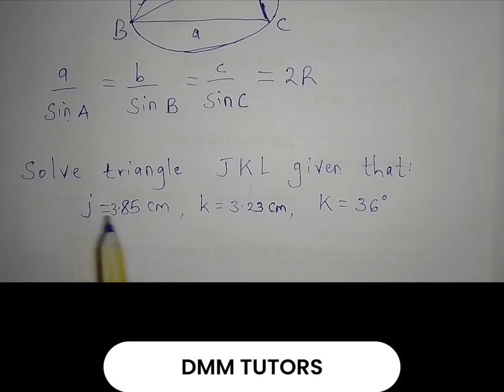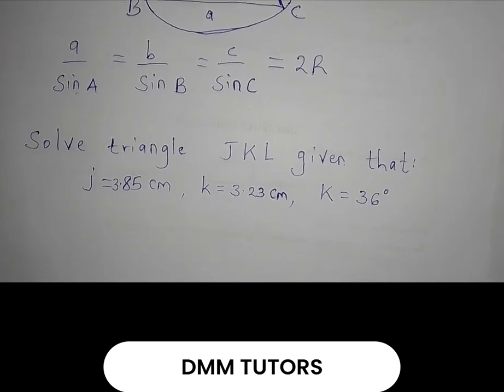Solve triangle JKL given that J is 3.85 centimeters, K is 3.23 centimeters, and the angle subtended by side K is 36 degrees. So you need to form the triangle as given.